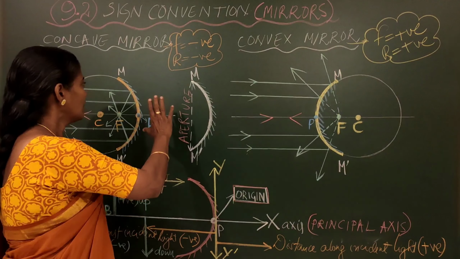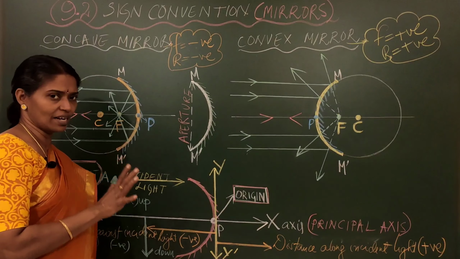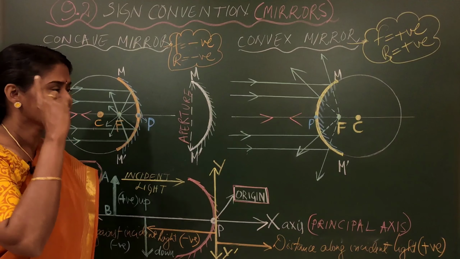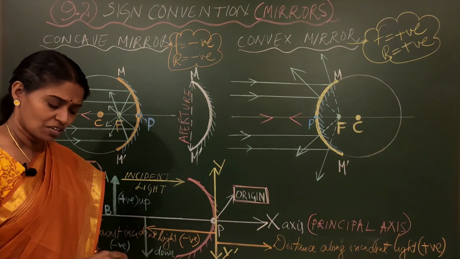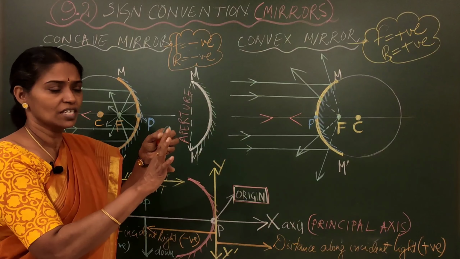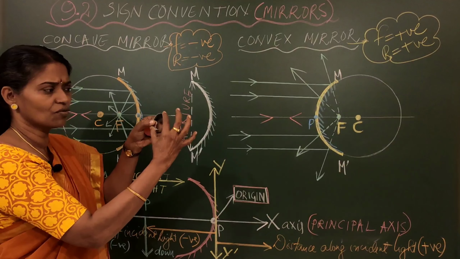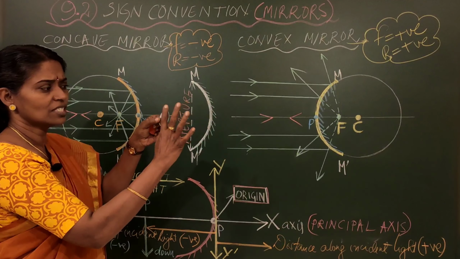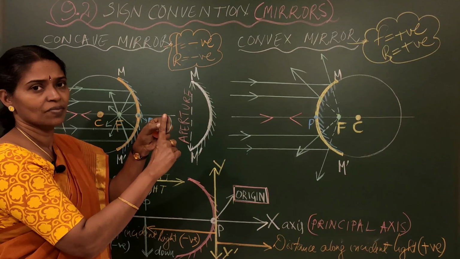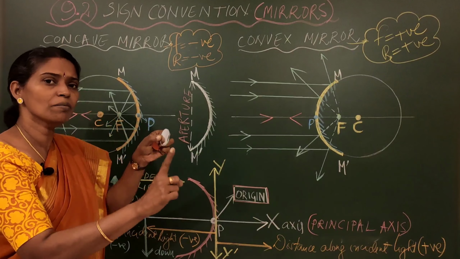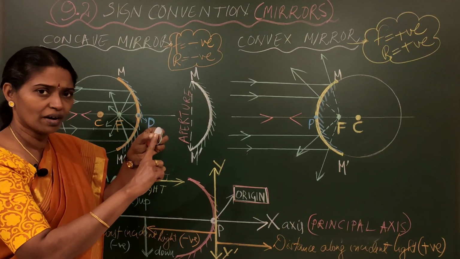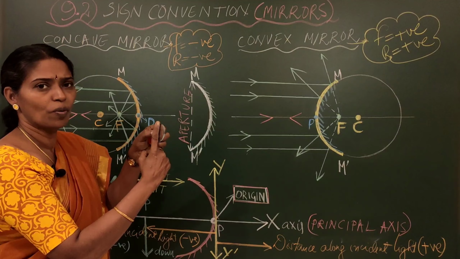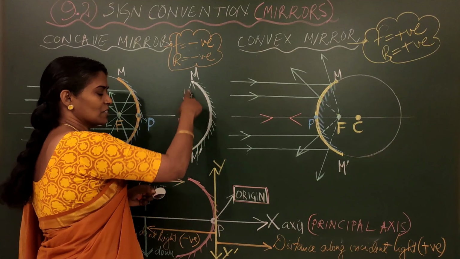Now, if the two words F and R are clear, one more thing just to remind, aperture. What is aperture? Whatever the reflecting surface, it is a circle, for sure. This circle has a radius. Whether it is a lens or a mirror, it has a particular circumference, 2 pi r. The diameter of this circle is known as aperture.